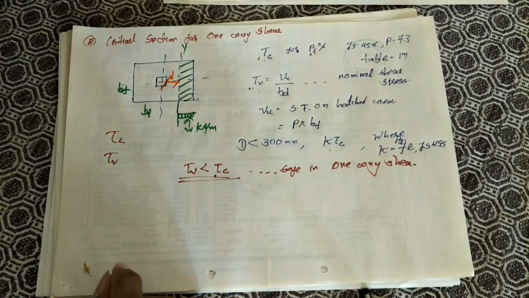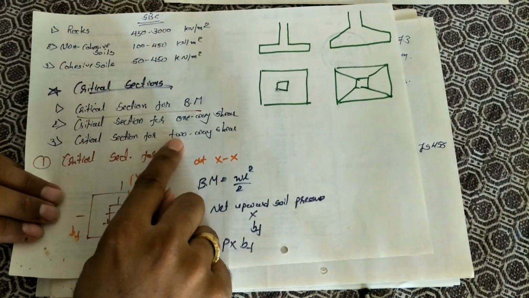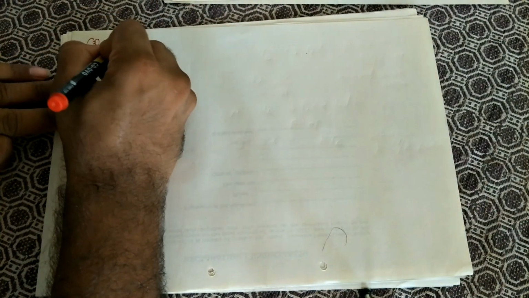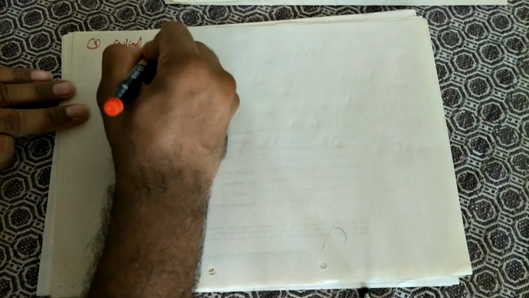Now third is your critical section for two-way shear. In one-way shear we considered only one direction.